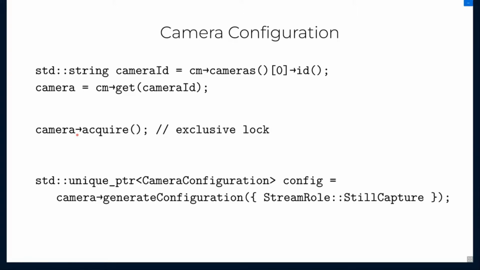After the camera has been acquired, we generate a configuration, and for the configuration we specify a stream role. Stream role is basically the intent of the use. So you can say it's a still capture, or a raw capture, or a video capture, or something else. Accordingly, the camera will generate a configuration and store it in config.